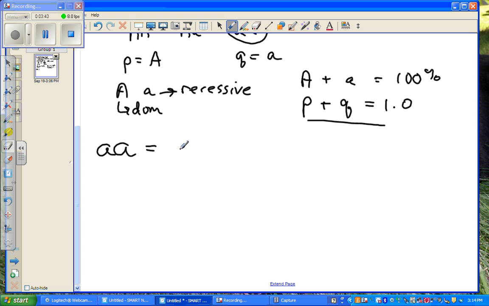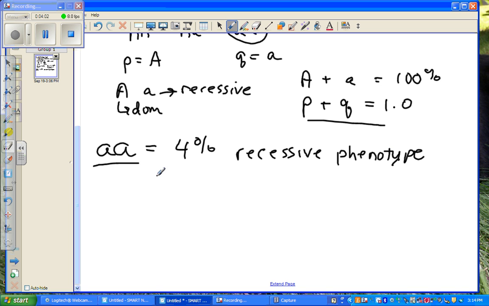Since the problem is referring to the recessive phenotype, we know that that's going to be little a, a 4% frequency of that genotype. If we turn this into a number, we get 0.04. So the frequency of this genotype is 0.04.